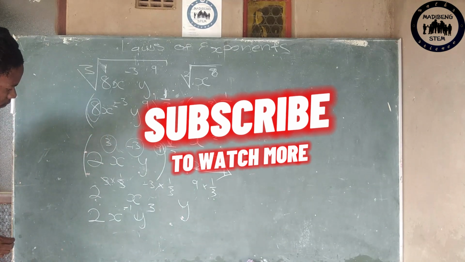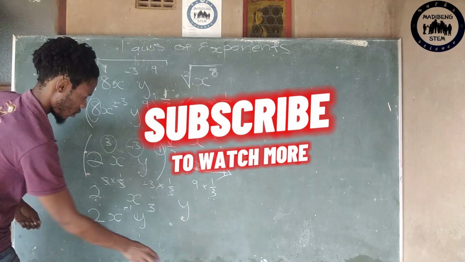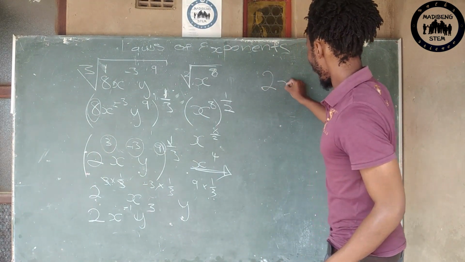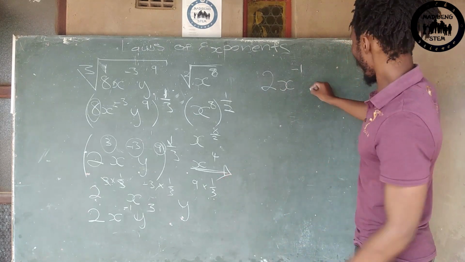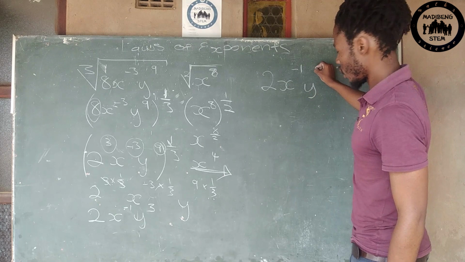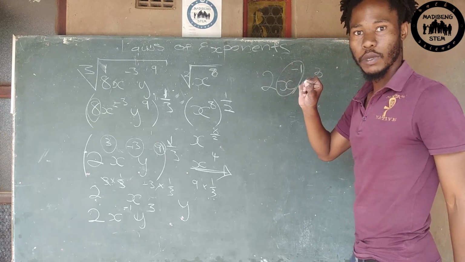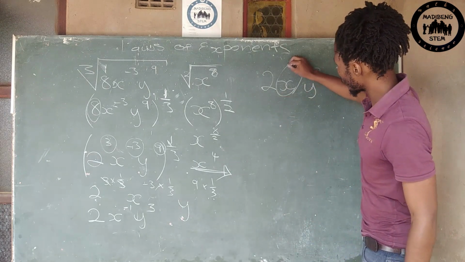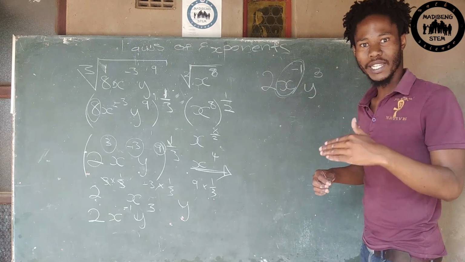So our answer, you see here, is 2 x to the exponent minus 1 y to the exponent 3. So we have a negative exponent. We don't leave our answers like this. So you will have to take this x to the exponent 1 underneath to the denominator side.